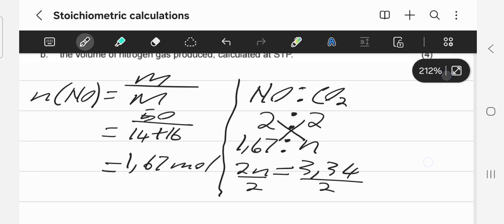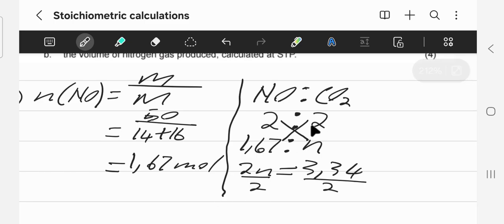And I've already said that because our coefficients are the same, I expect the number of moles of carbon dioxide to be equal to the number of moles of nitrogen monoxide. Let's see if the calculator will give us that answer. So here I'm going to say n is equal to 3,34 divided by 2, and that gives me 1,67.